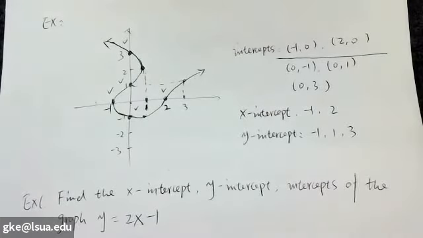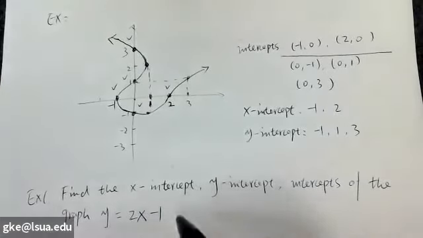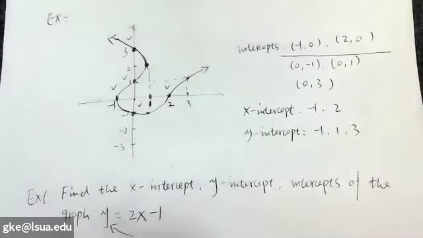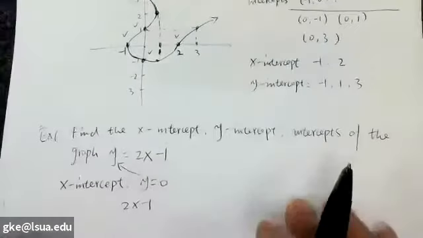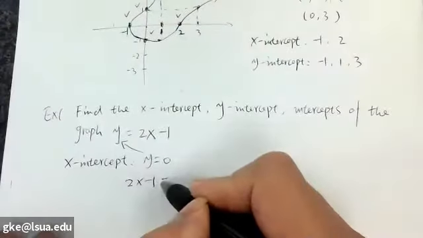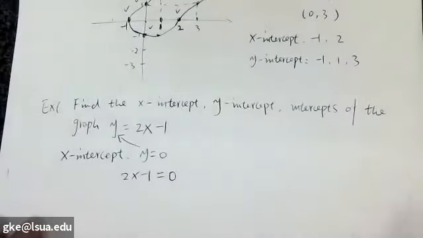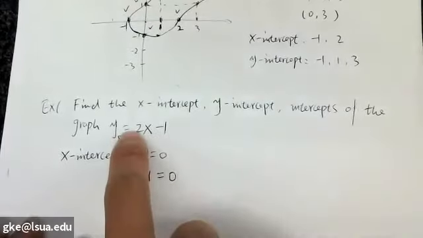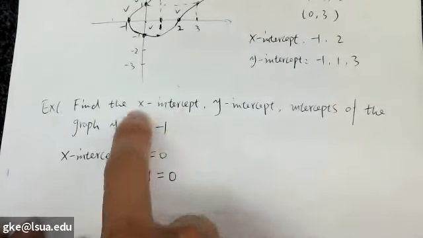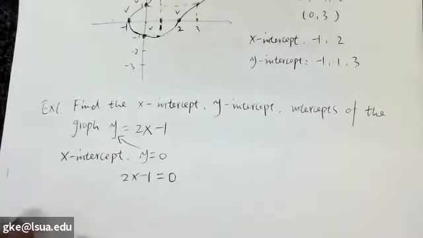Then we plug in y equals 0 here, and we're gonna get 2x minus 1 equals 0.